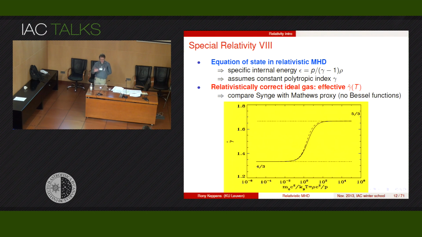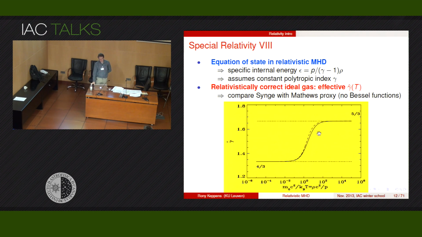But as I said before, you can also account for the fact that a temperature is always related to internal fluctuations, right? If those internal fluctuations also happen to become close to relativity, things change.